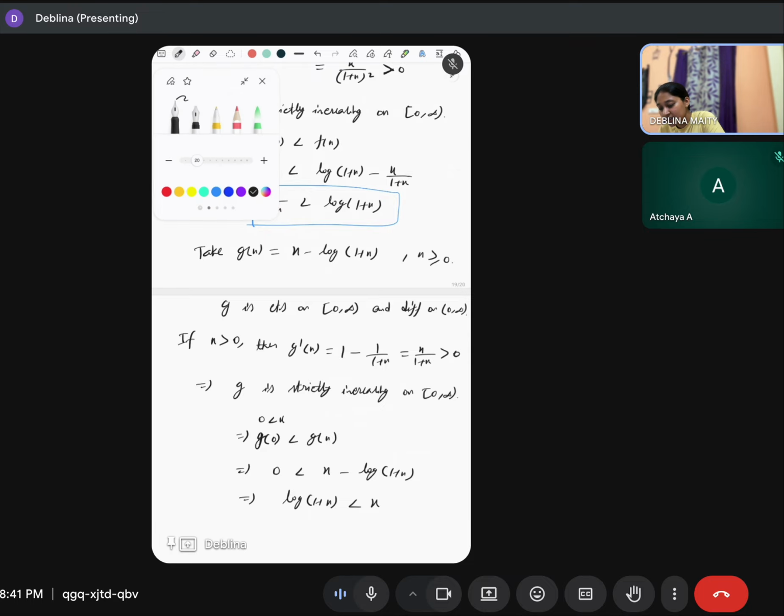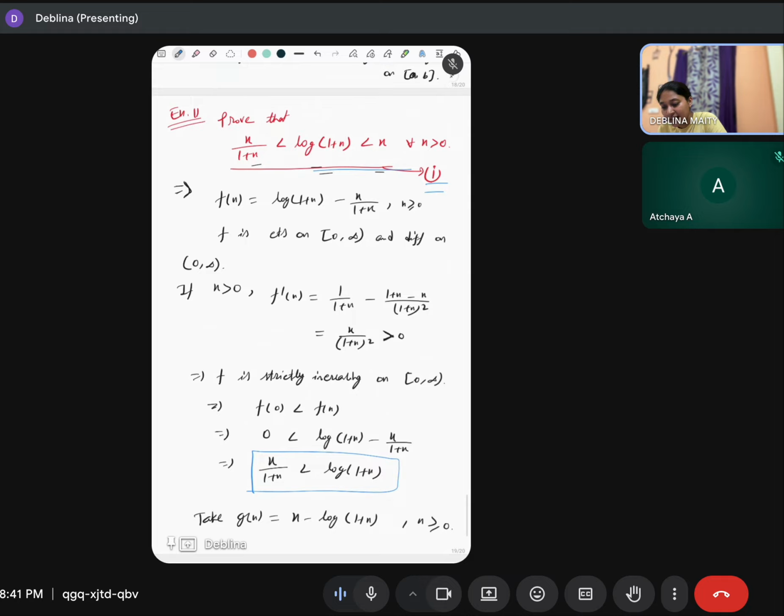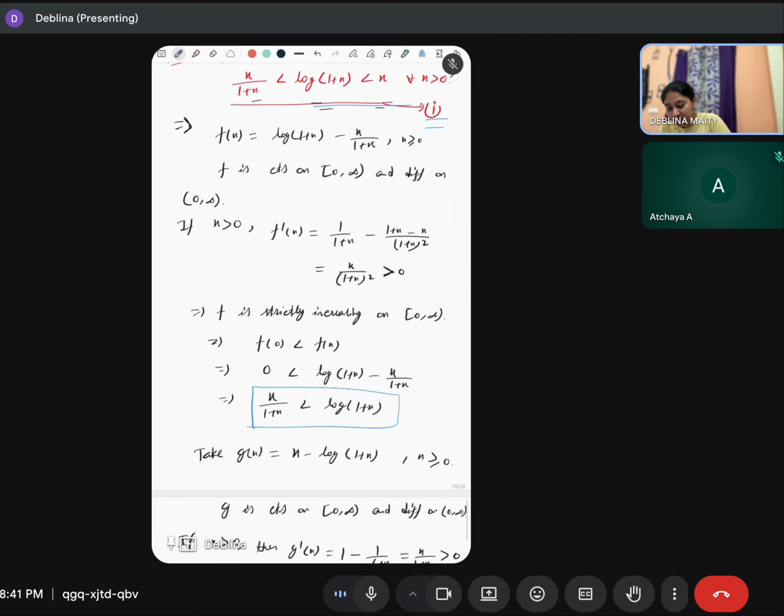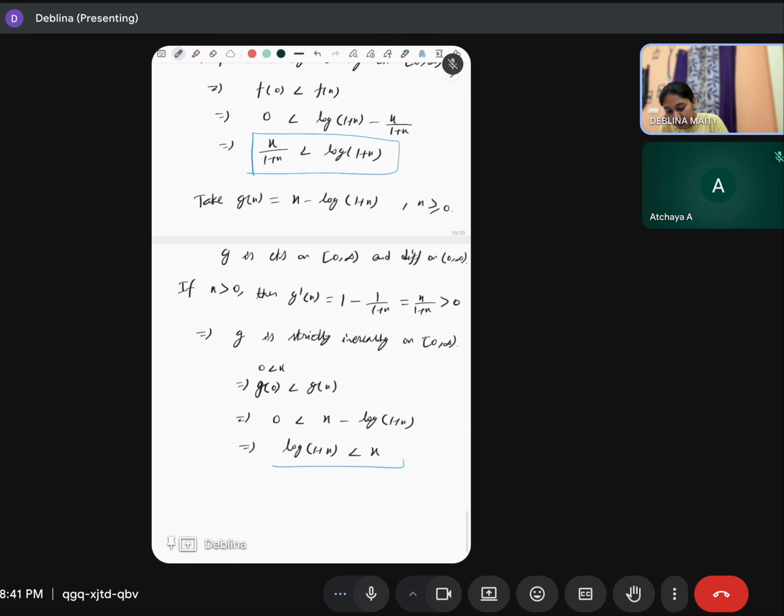So we get the right hand inequality of one. So this implies x by 1 plus x is strictly less than log of 1 plus x, which is less than x. So we have proved this.